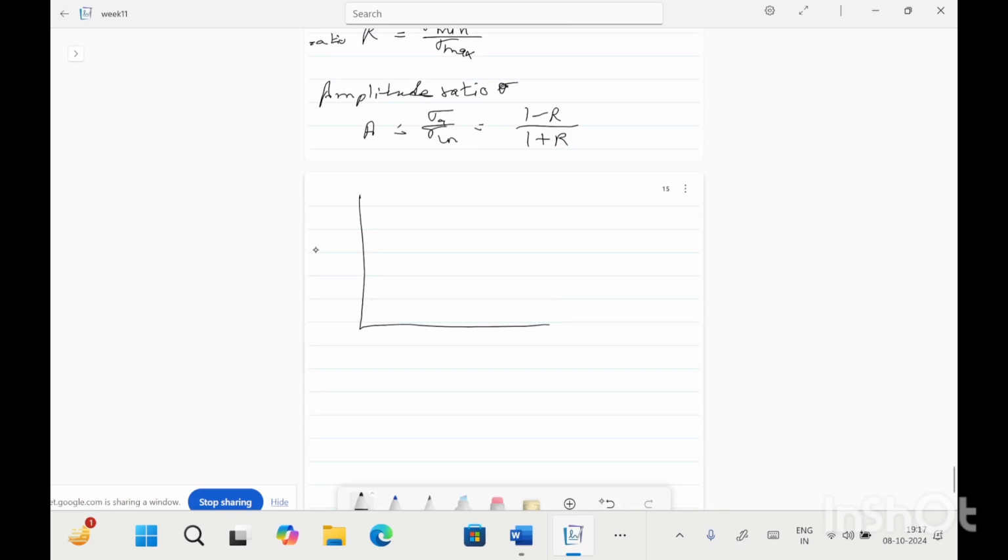So if we draw a curve between stress and number of cycles, the curve will follow a path like this. It means that for a low stress, the material will not fail for an infinite number of cycles.